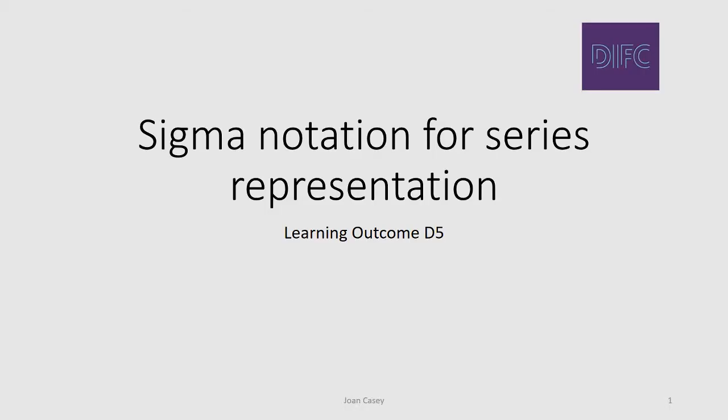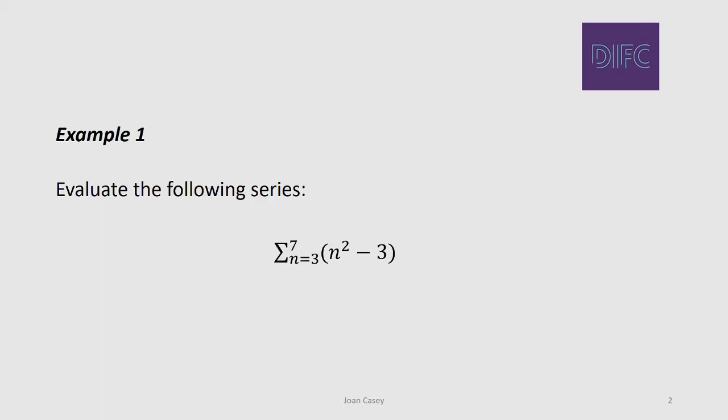In this video, we're going to look at sigma notation for series representation. The first example we're going to take a look at is to evaluate the following series. We're looking at the sum for n equals 3 up to 7 of n squared minus 3. So we just take a look at summing.